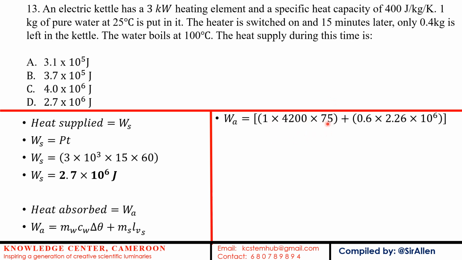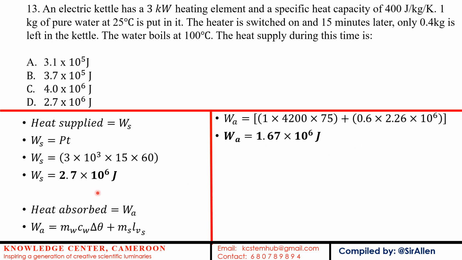So you put that in there, but only 0.6 kilogram of the water has evaporated. So only 0.6 kilogram of the water has absorbed latent heat of vaporization, sorry. So if 0.4 kilogram is left in the kettle, then 0.6 must have absorbed this latent heat of vaporization. So you put that in there, do the math, and you see heat absorbed is 1.67 times 10 to the power 6.